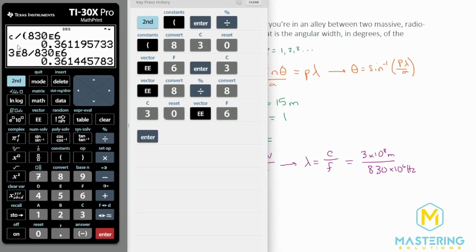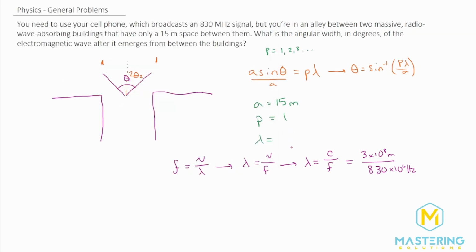It's just because of rounding error on the speed of light. So 0.3614, 0.361. If you use 0.361, it probably will get the same answer. I'm going to use 0.3614 since that's what our book uses for the speed of light. So the wavelength in this case is 0.3614 meters.